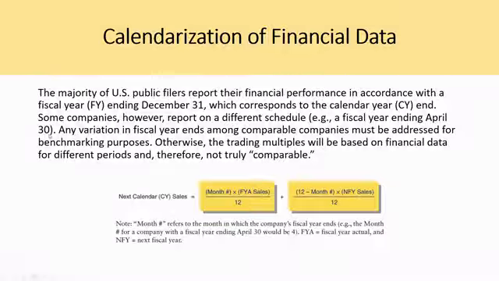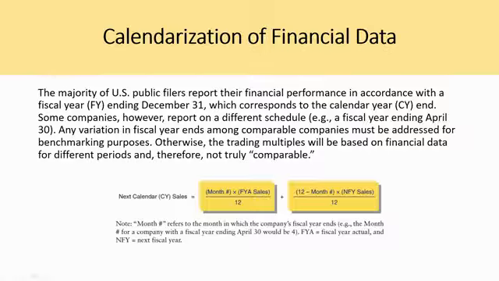So if you're looking at the first company, you're saying, okay, their strongest quarter is in the final period, right? And then you're comparing that to that quarter for this company, that would be Q2, not Q4. And that would be unfair. You want to compare Q4 to Q4 data. You want to compare Q3 to Q3 data, and so on, right? And so you need to calendarize the financial data.